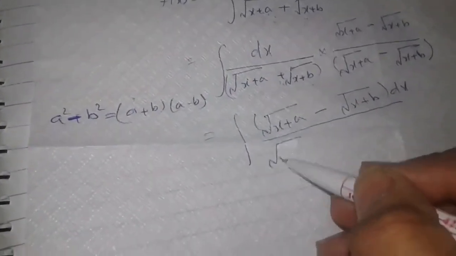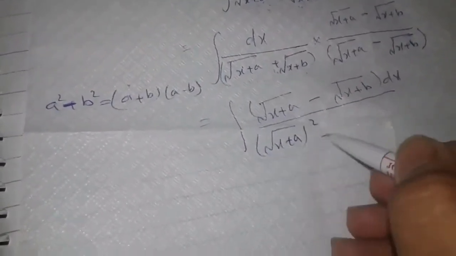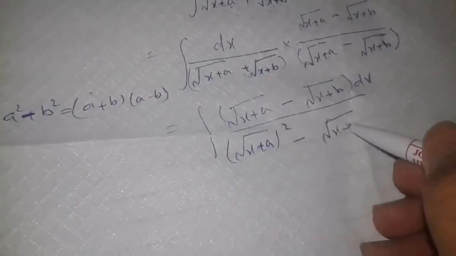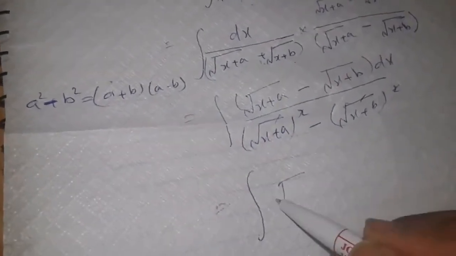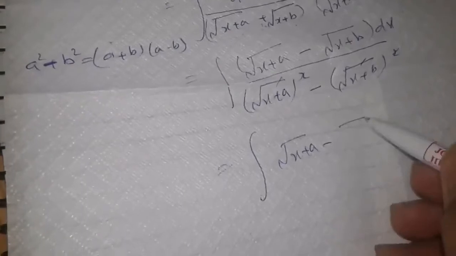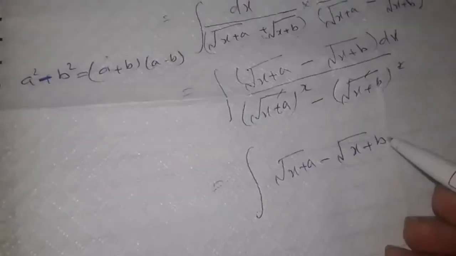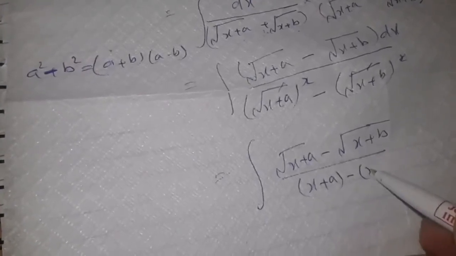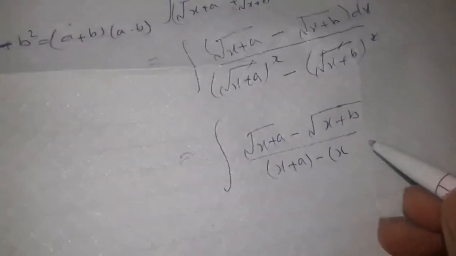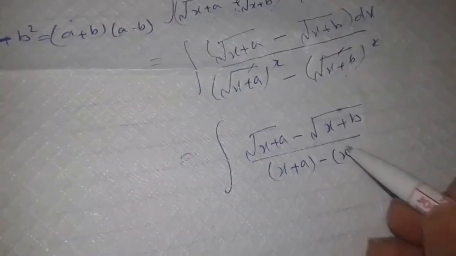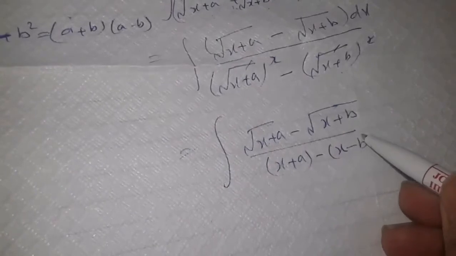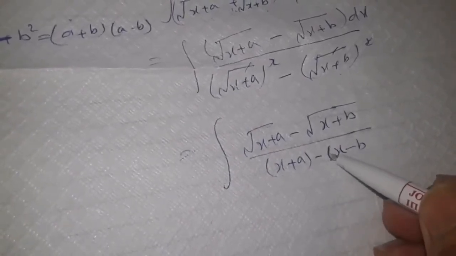So here x plus a minus x plus b, and this square will cancel out with the square root. The new function will become under root x plus a minus under root x plus b whole divided by x plus a minus, the bracket, x plus b. Here is a plus, and outside the bracket here is minus sign, so it will become plus minus minus, and we remove this bracket.